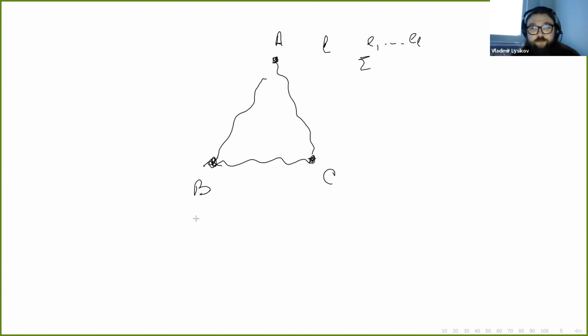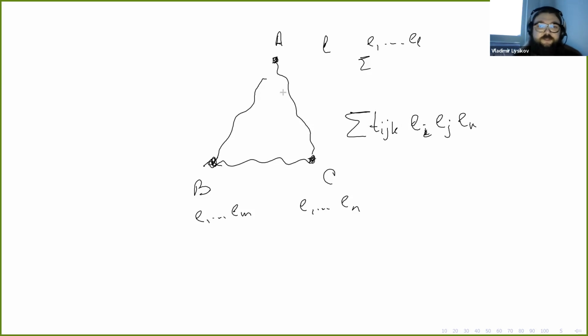And if particle B can be in M states, particle C can be in N states, then the state of this tripartite system is described by a tensor, because we have the states which are defined by e_i, e_j, e_k, and we also have all the possible superpositions of the states, somehow normalized, but essentially a state of a quantum system is described by a tensor.